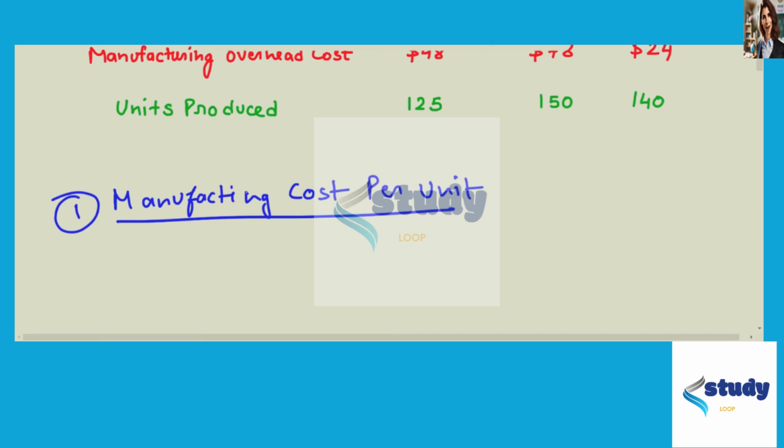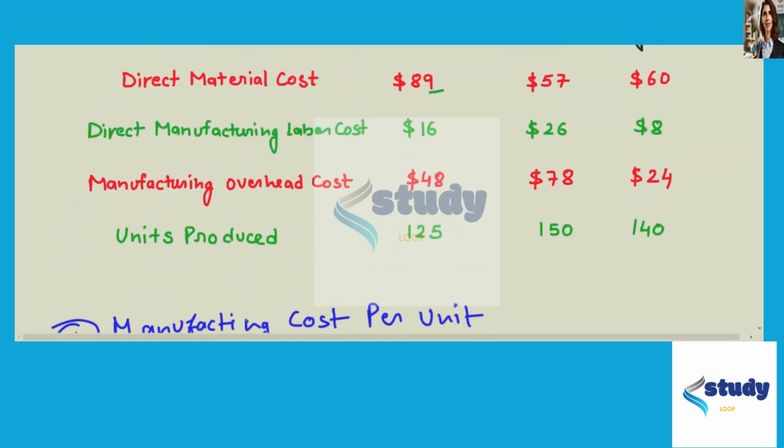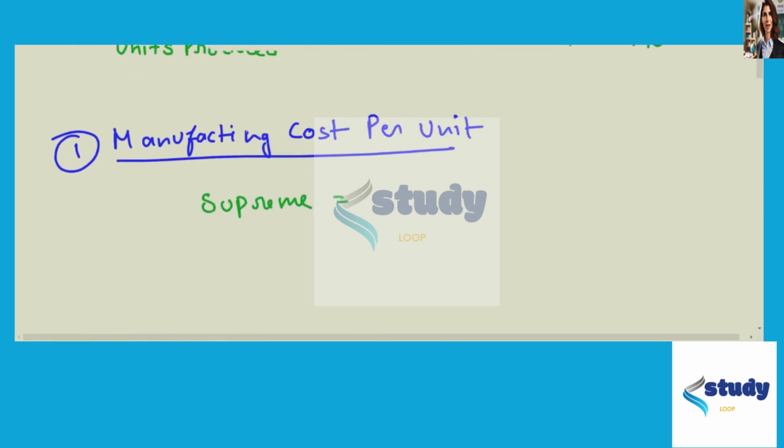So firstly is Supreme. For this, total manufacturing cost is $89 plus $16 plus $48, which is given over here. 89, 16, 48, which totals up to $153.